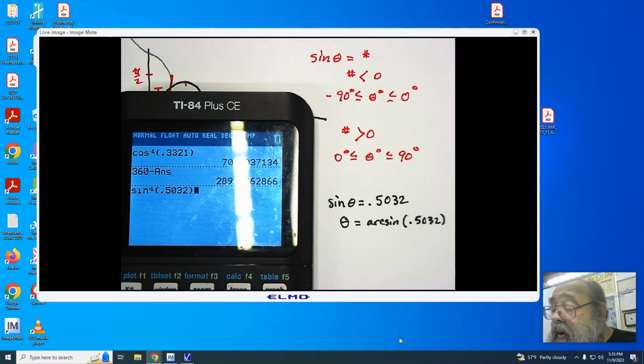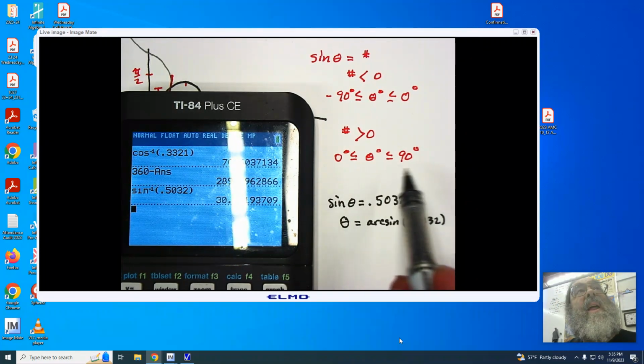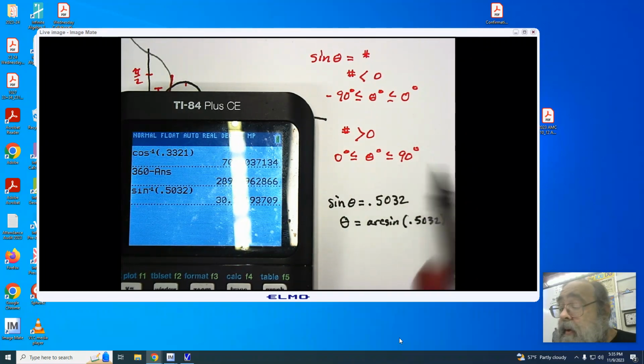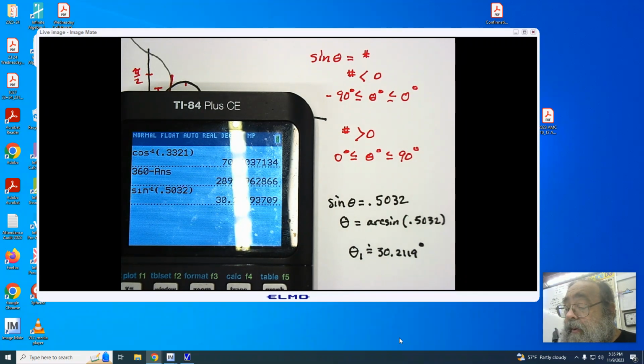0.5032, enter. Now remember, this was a positive ratio, so the answer that we get is sitting right here in the first quadrant. And the answer would be our first theta is approximately 30.2119°, and don't forget your degree symbol.